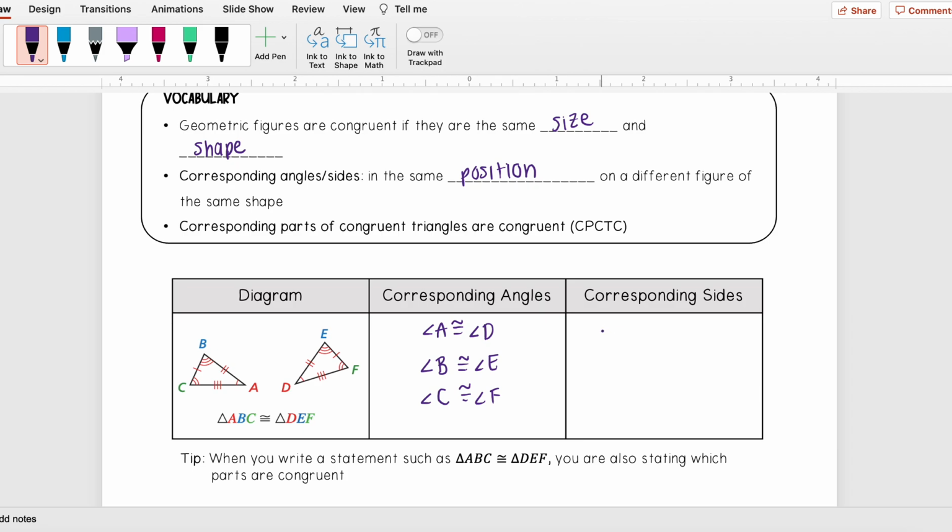And then we see the corresponding sides as well. And so I see that AB is congruent to DE, and I see that because they both have two tick marks. I see that BC is congruent to EF because they both have one tick mark.